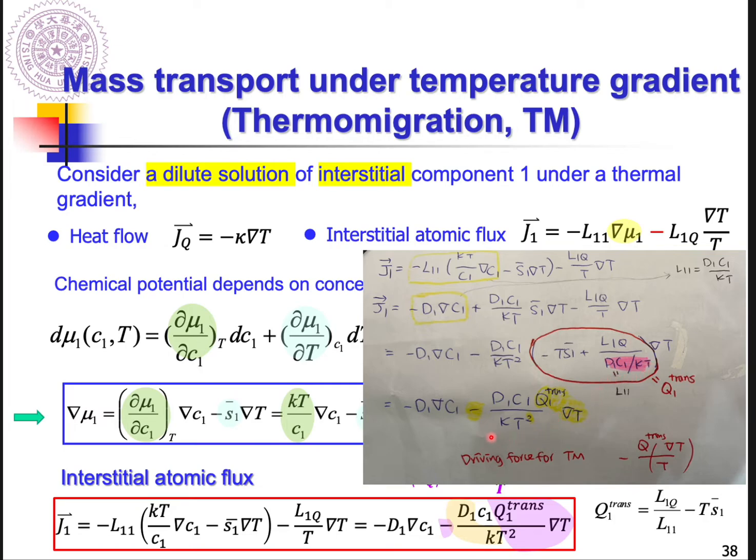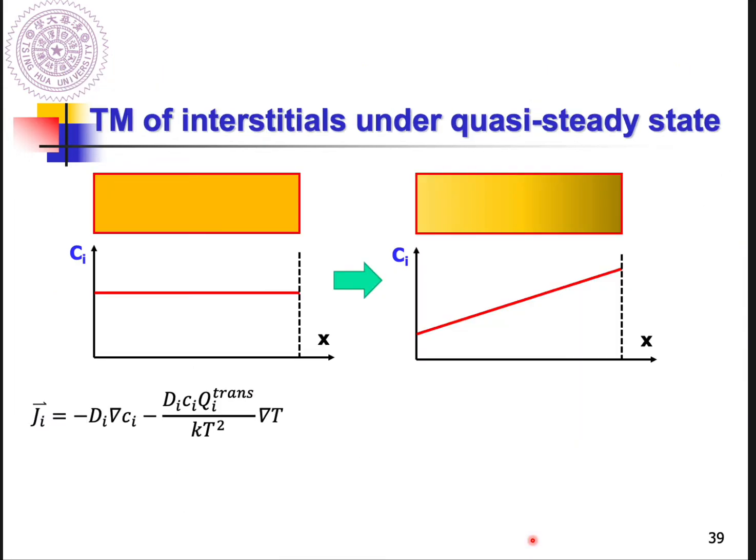So it's just easy to remember, because you can take a look here. It's also the diffusivity, I mean Fick's first law, and the second part is the temperature gradient. You can also easily divide it into mobility and concentration. The driving force is the purple stuff, this Q heat of transport times the minus temperature gradient divided by T. So it's easy to remember.